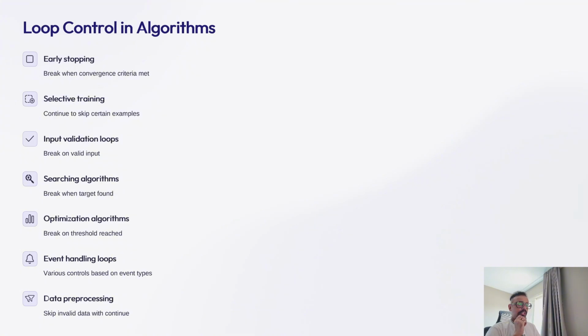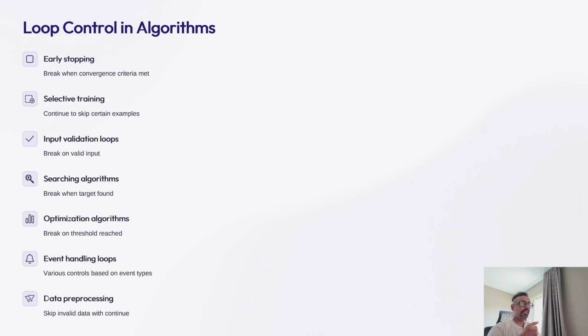Selective training using continue allows you to skip certain examples during training based on criteria like difficulty or relevance. Input validation loops commonly use break when valid input is received, as we saw in our example where we were taking input until the user uses exit, it is not going to leave that loop, right?